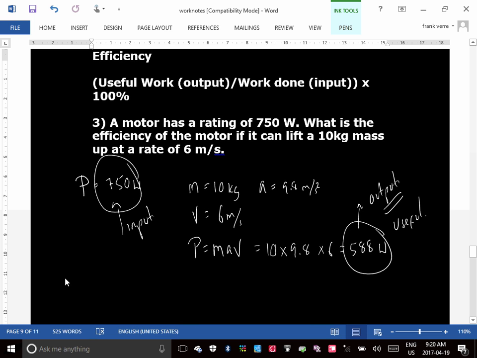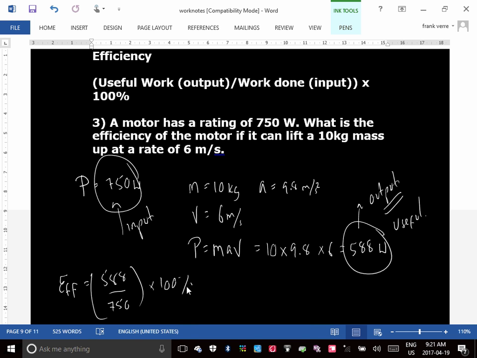Alright, so then if you had to calculate efficiency, it would be the useful or output, 588 over the input, 750 times 100. And you'll know this is wrong if I put it the other way around, 750 over 588, because I'll get a number more than 100%. It's got to be wrong. So then you're like, okay, can't be that. I must have screwed up somewhere.